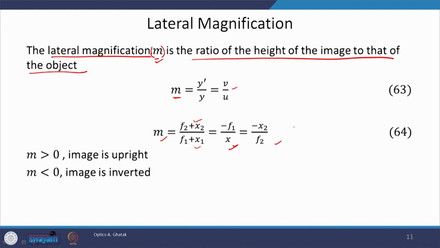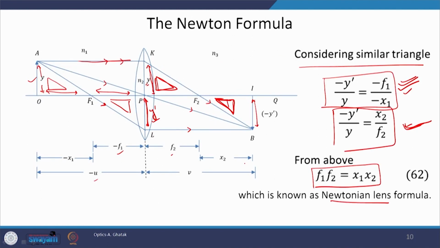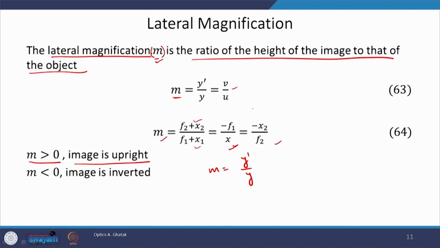Now, if m is greater than 0, the image is upright. What it says is that m is equal to y prime by y, and if you see this figure, you see that IB is inverted, y prime is negative, therefore you put minus y prime, and therefore m would be less than 0, a negative quantity. If m is less than 0, it clearly says that the image is inverted.